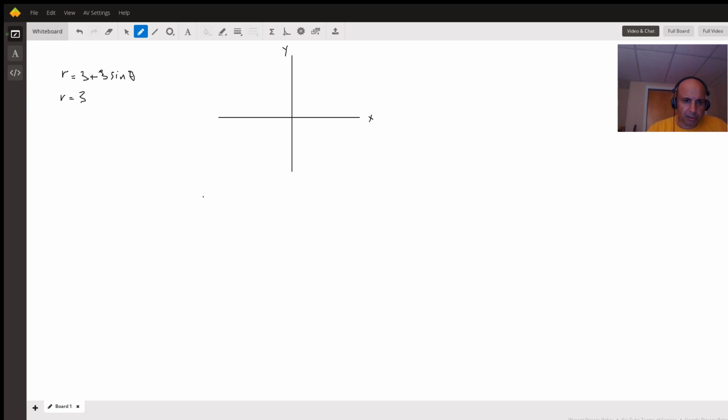So if we draw a circle with a radius of 3, let's see if we can draw that circle in the most efficient manner. Sometimes it's hard to find the center of that circle.